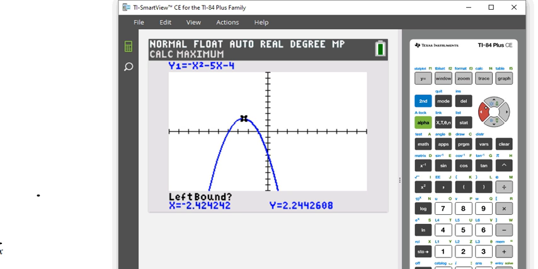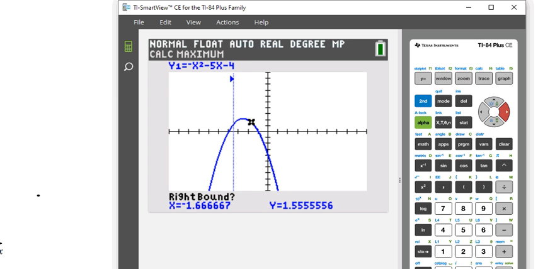So left bound. We want to find basically this point where my cursor is right now. You're going to move to the left of that using your cursor. You don't have to go way to the left, just a little bit, and hit enter. Now your calculator says right bound. So it's finding the maximum between this point and, now you have to drag the cursor over to the right side.